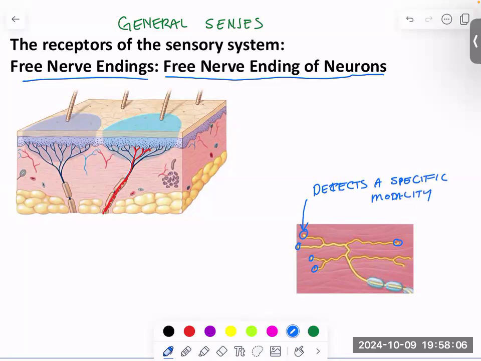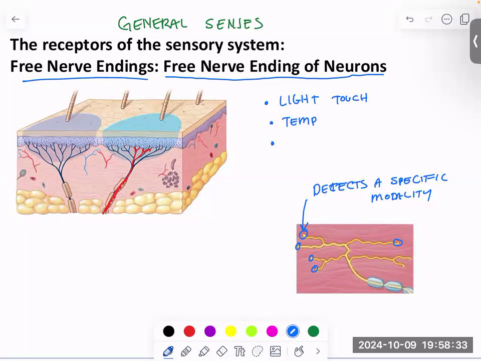What does that mean? Some free nerve endings, some neurons, are going to detect what we call light touch at the surface of the skin. Some will detect temperature at the surface of the skin.